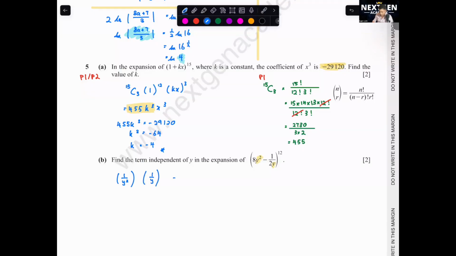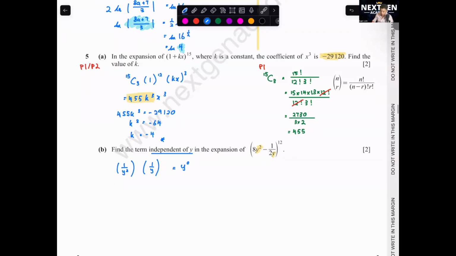Okay. Our outcome that we want is y to the power of 0 because it is independent of y. What are the possible combinations that we can put for both of these? Both of these powers add up to 12. That is the logic of how we do binomial expansion. Right? So what is the combination over here?